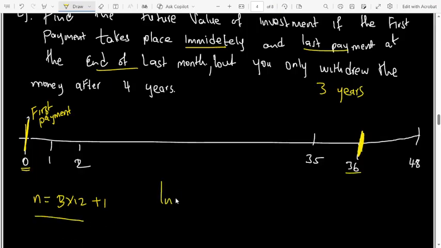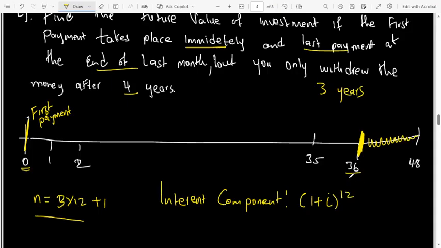To find the interest component, why are we having the interest component? Because we're gonna leave this money for another year, which is 12 months. So the interest component will be 1 plus i. We need to know the interest that the money will get for that 12 months. From 36 to 48, that's 12 months. This is easy.